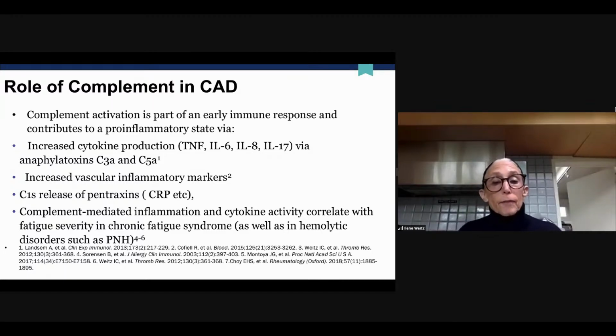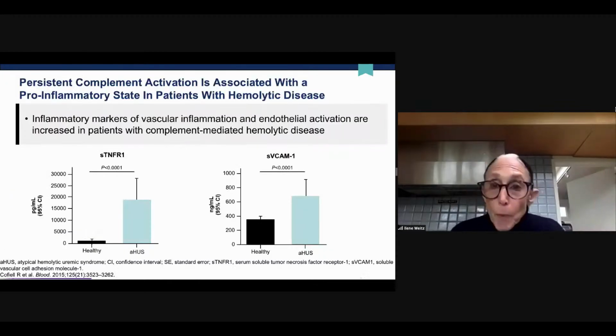We see it in chronic fatigue syndrome, and in other hemolytic disorders such as PNH. When you inhibit the complement in PNH, for example, the fatigue dramatically improves, independent of the improvement in hemoglobin. Here you can see in HUS patients, hemolytic uremic syndrome patients, a marked increase in soluble TNF receptor 1 and VCAM as well, compared to normal healthy volunteers.